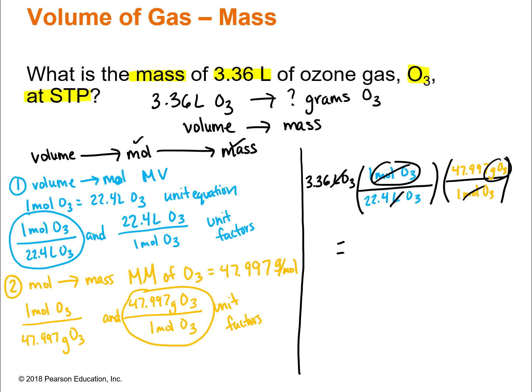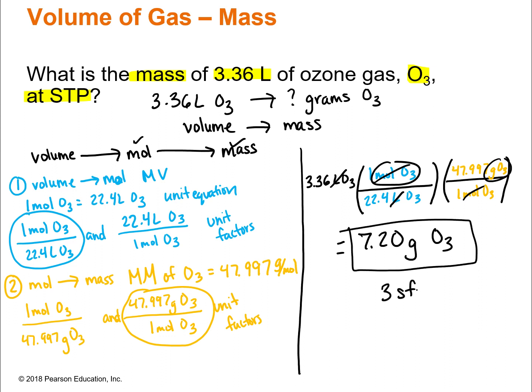That's okay too. We'll still get about the same answer, which is 7.20 grams of ozone. That's 3 sig figs here. Our volume had 3 sig figs, so that's what we're carrying forward.